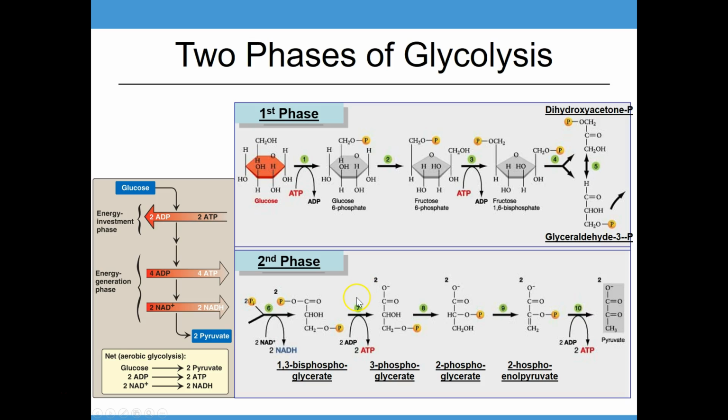During the first phase, 2 ATPs are used to activate substrates, and 6-carbon monosaccharides are eventually split into 2 triose phosphate.